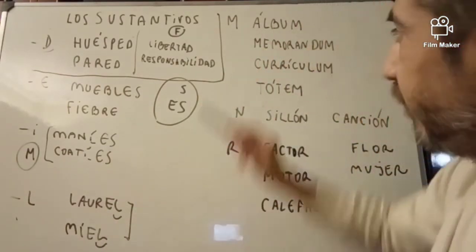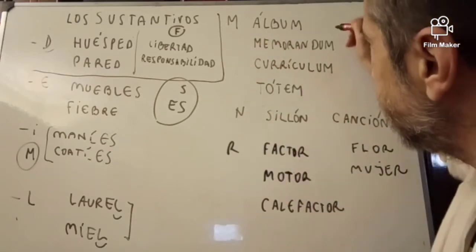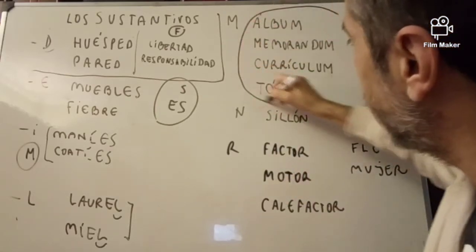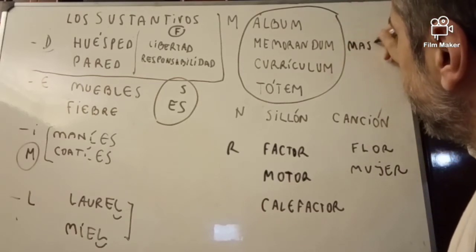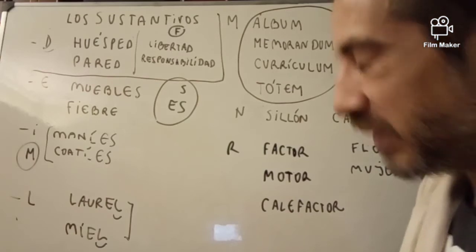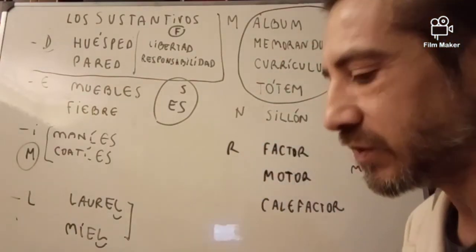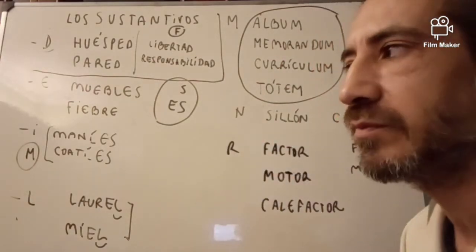Ending with m, we have only four examples in Spanish, and they are all masculine. Because it's a rare sound for us to utter at the end of the word.